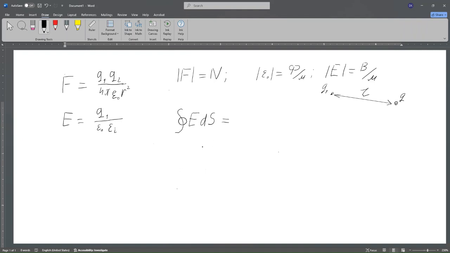The first Maxwell law is Gauss's law, and it is the full charge divided by the constants multiplication.